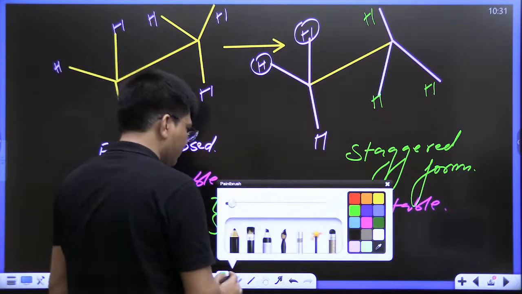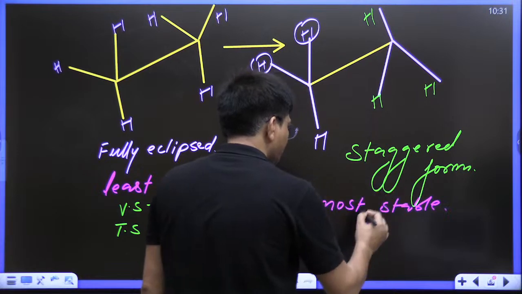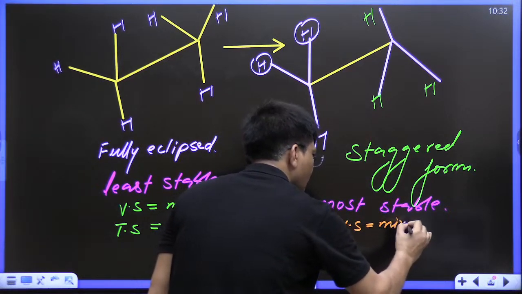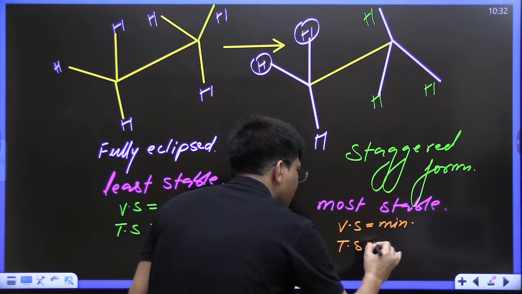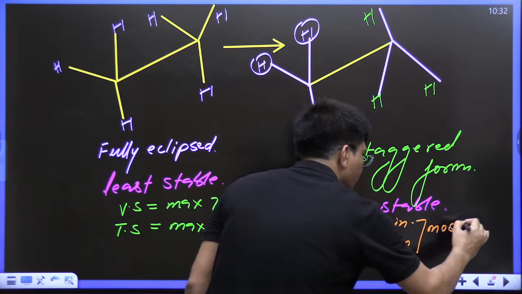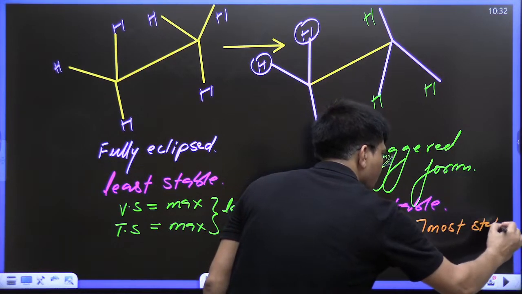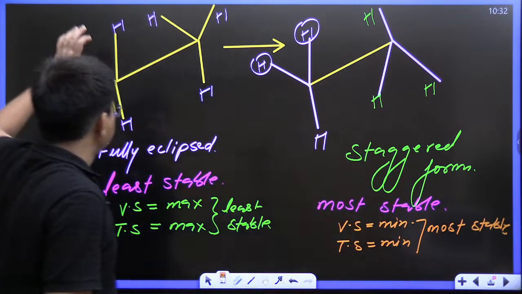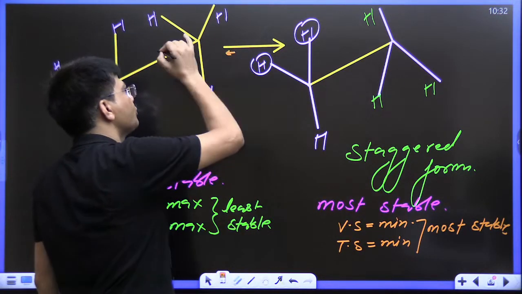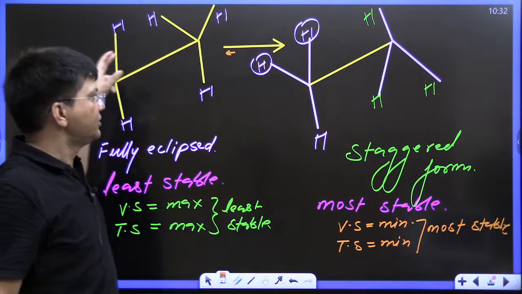And for this form, van der Waals strain is minimum, torsional strain is minimum. So this is the most stable form. Now kids, this is least stable, that is most stable. That means equilibrium will go toward that side and less toward this side.